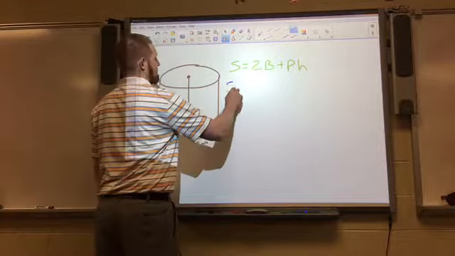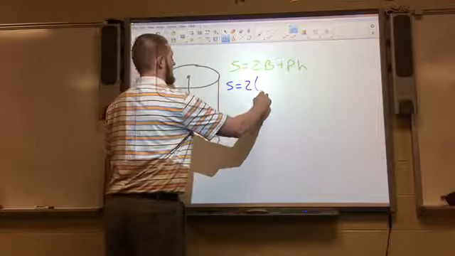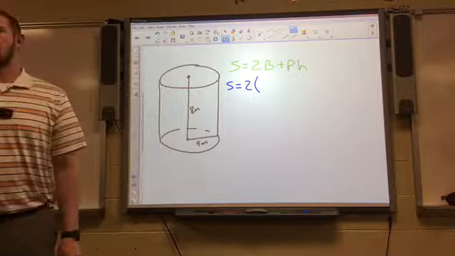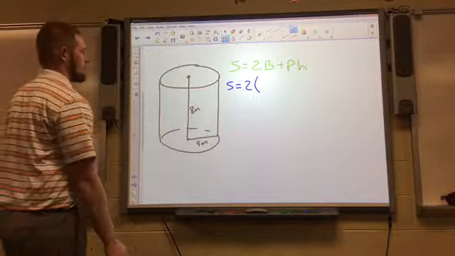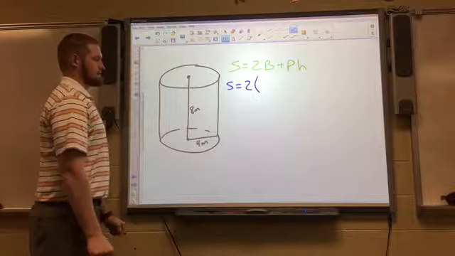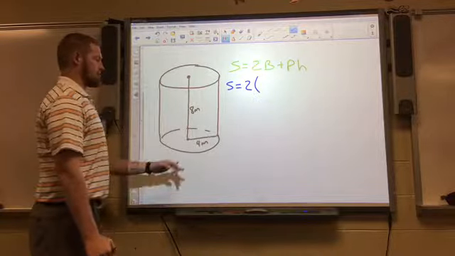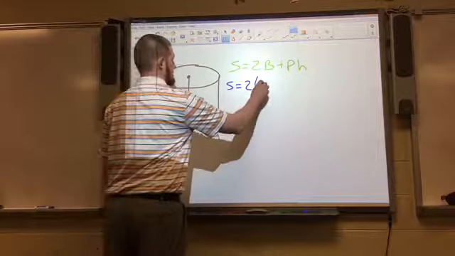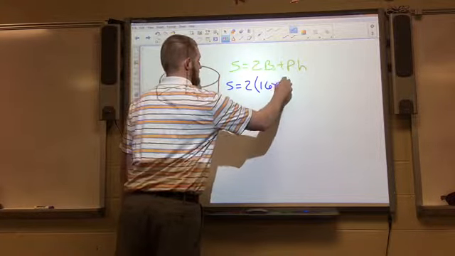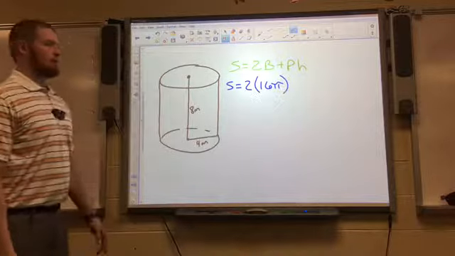So when I plug in, I have surface area equals 2 times, now I have to find the area of my base. Taylor Arnett, what's the area of my base? That's a 4, sorry. 16 pi, plus.